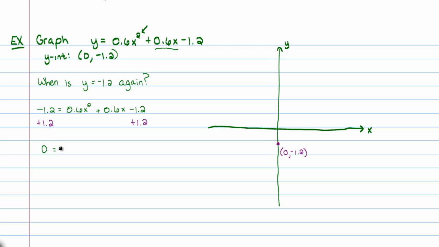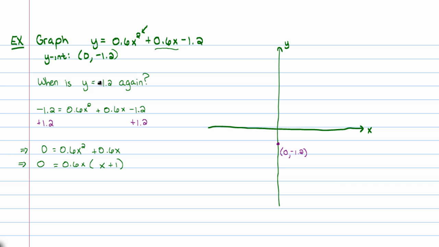You get that 0 is equal to 0.6x squared plus 0.6x, and then nothing else, which is really nice because then to solve this quadratic equation, all I have to do is factor it. Both these terms have something in common. I can factor a 0.6 and an x out of both. I'll be left with an x plus 1.